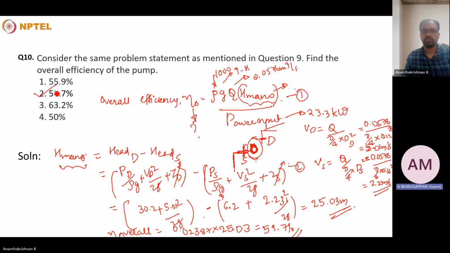Sir, one question. Yeah. So PS by rho g, we put it as minus of Hs plus Hsf plus Vs squared by 2g. Yes. But here, minus of minus became plus, but here why are we subtracting? No, actually, this is absolute pressure in the previous analysis; we have taken it as gauge pressure.